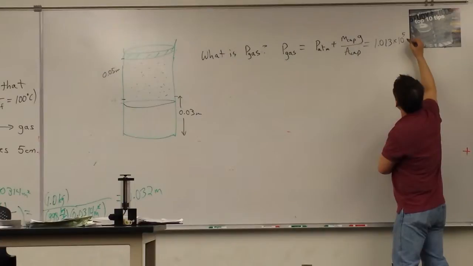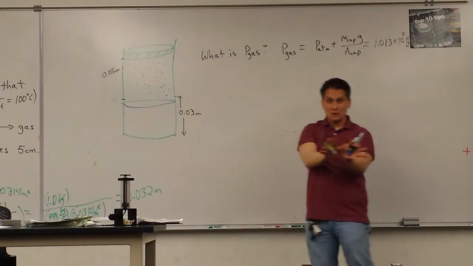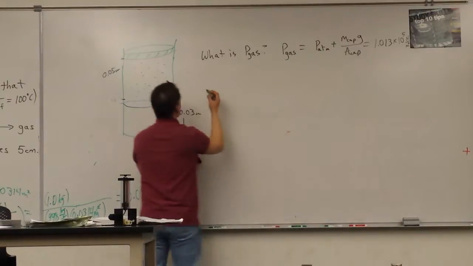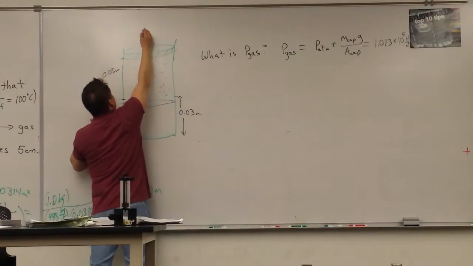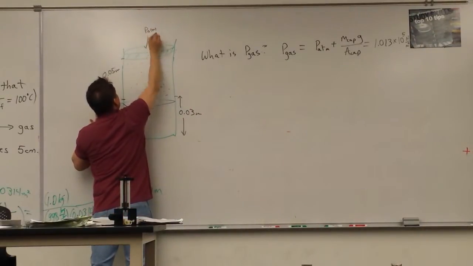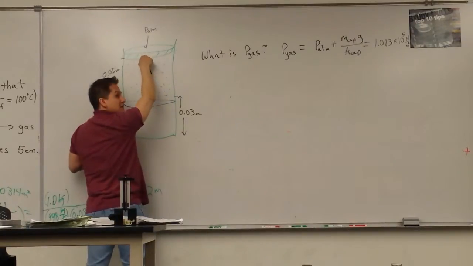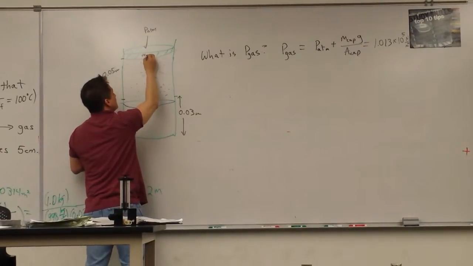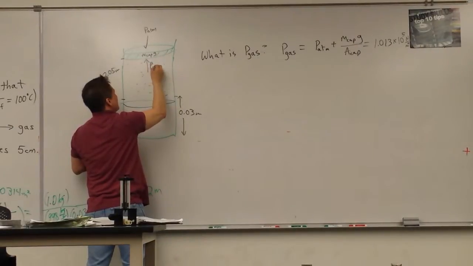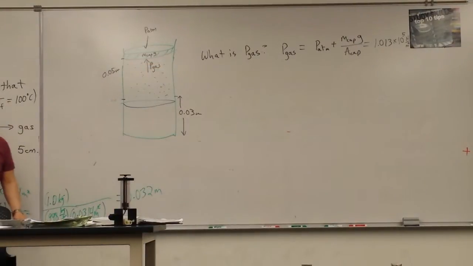So we have 10 to the 5th newtons per meter squared. Reasonable? I'll draw a quick picture. So you've got P atmosphere, and then you've got mg. The pressure of the gas, and the associated force has to push back against those two. Okay? That's the key.